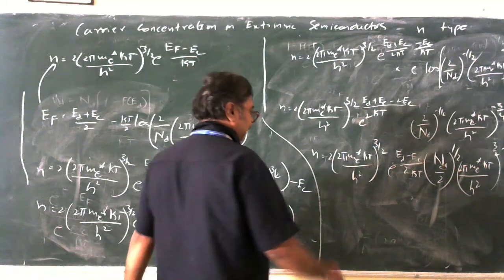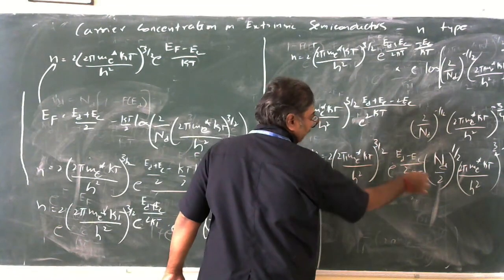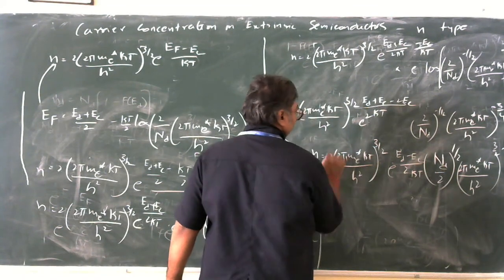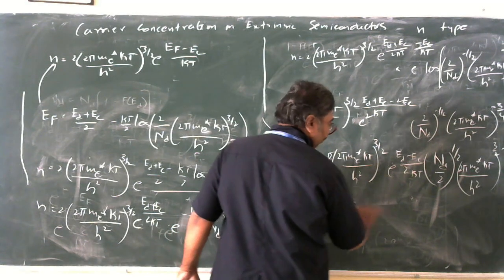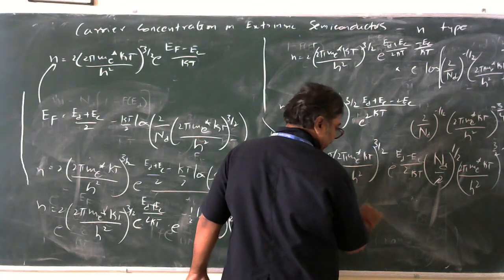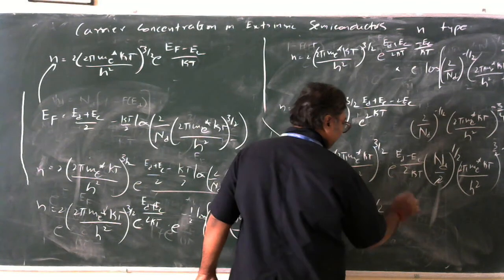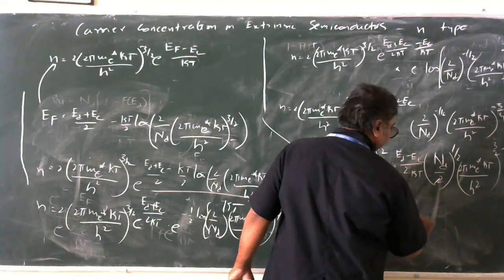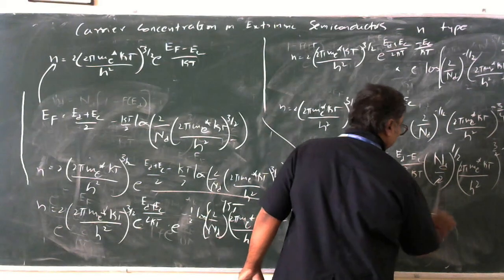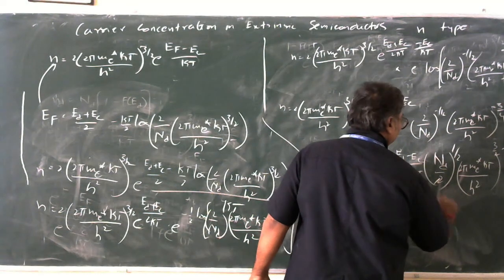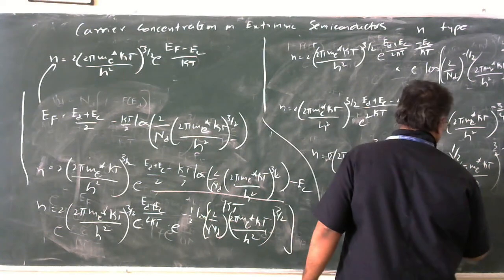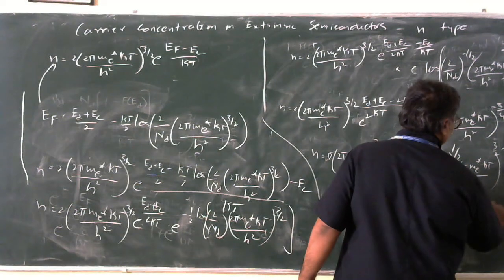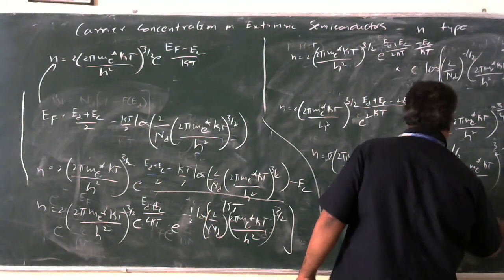So this becomes n equals, 2 and 2 get cancelled, root 2 times, so this becomes root 2 into N_d whole power 1/2, into (2πm_e*kT/h²)^(3/4) exponential of (Ed − Ec)/2kT.